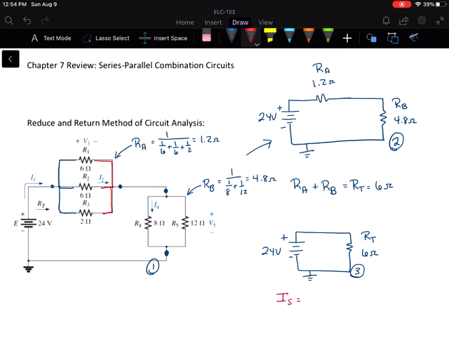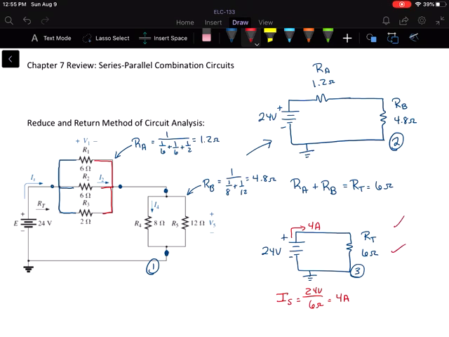The 24 volt source sees 6 ohms of resistance. So that means it's going to have to supply us 4 amps of current in order for that to work properly. So this is everything I can do with this third circuit.